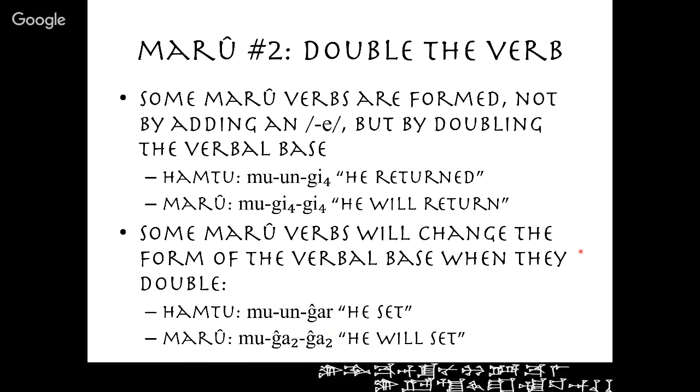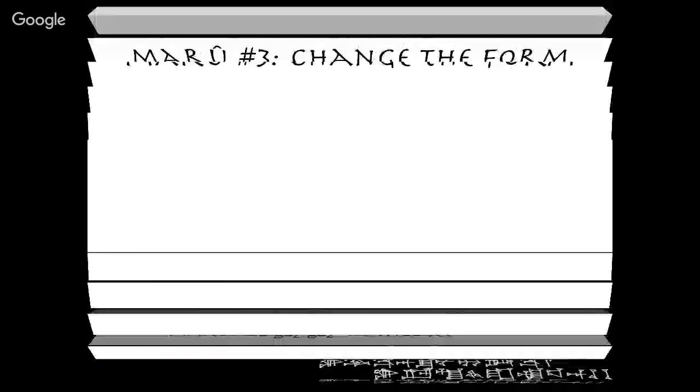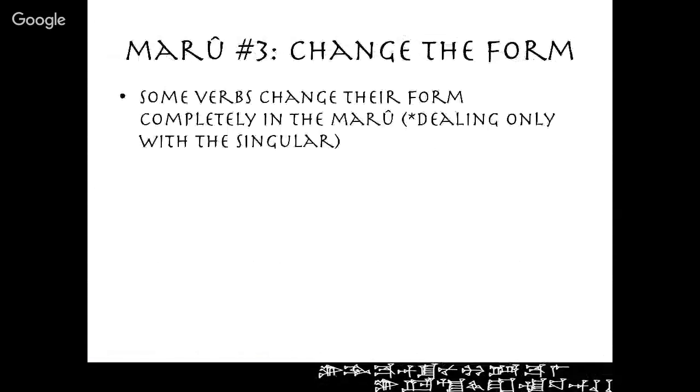Sometimes the Hamtu verbal base can double as well. So you can add an E to form the Marû. You can double the verbal base to form the Marû. And you can also change the actual form, like sit to sat, to form the Marû.